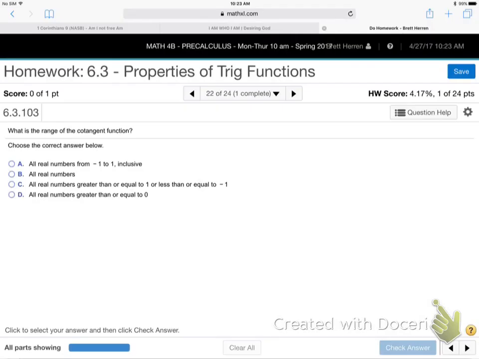So let me give you the domain and range of the functions. Okay, let's talk about the basic sine and cosine graph. You know what the basic sine graph looks like. He starts here at the origin, he goes up and down and up and down. He just keeps going this way also forever. That's the sine.